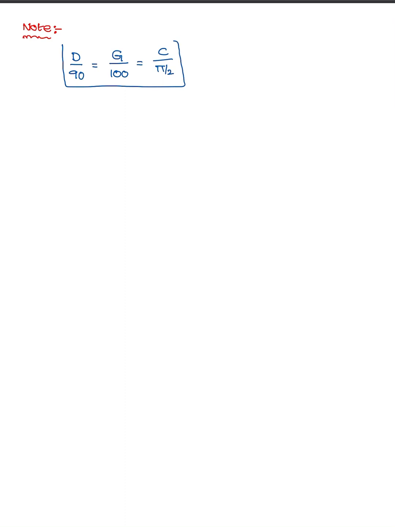This is the relation among all these 3 measurements. If you remember this one formula, you can convert degree measure to grade, grade to circular, degree to circular, all among we can convert easily.